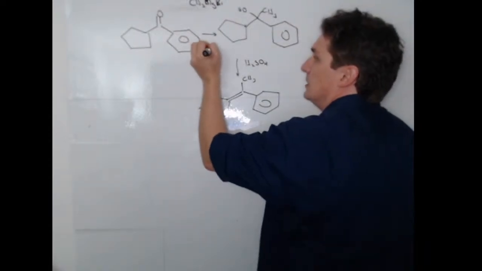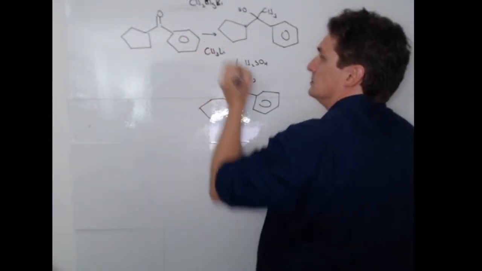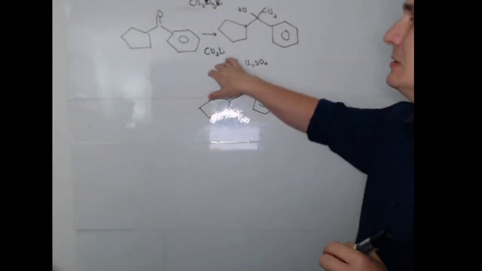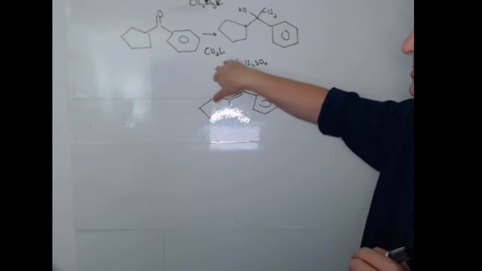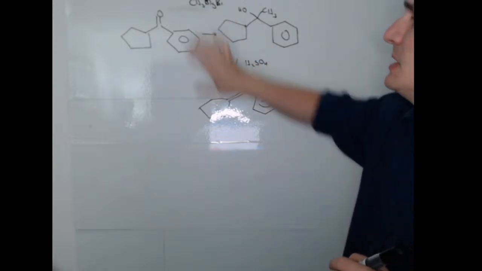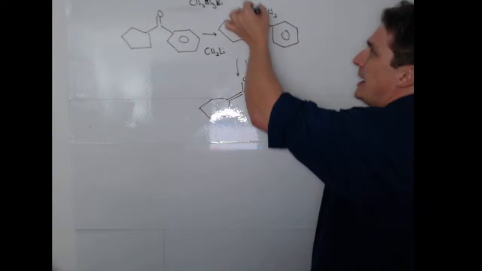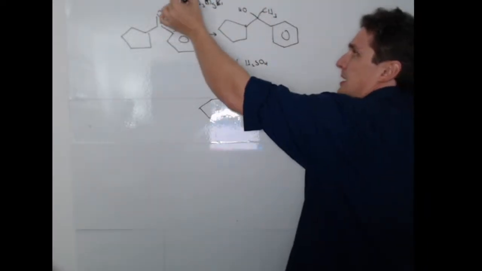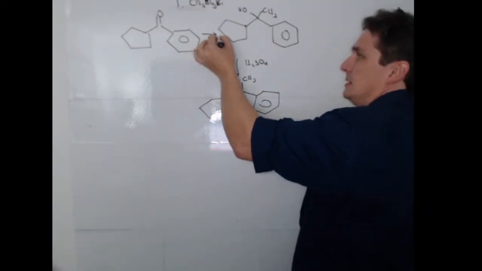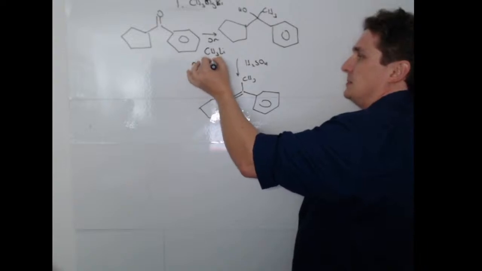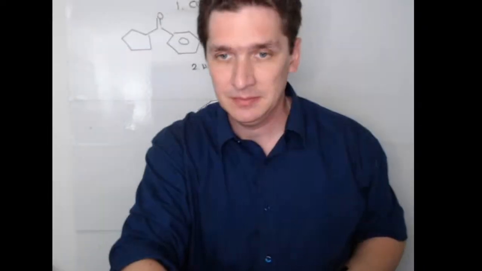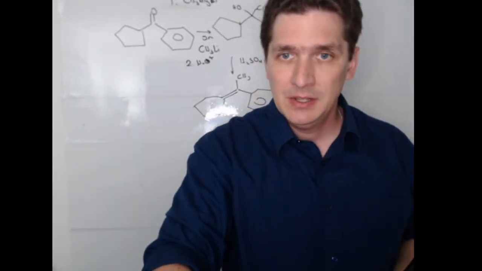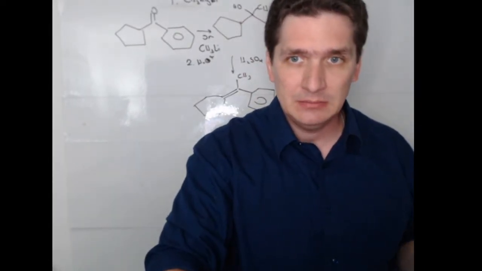Or we can do an organolithium. So we have a lot of options in terms of how we want to attack. We could do an organocuprate, but ultimately it's some type of organometallic reagent where we add the methyl group. So we add, and then we follow it up with an acid workup, H3O+, and then we do a further dehydration. So let me draw the structure to make sure I'm right.